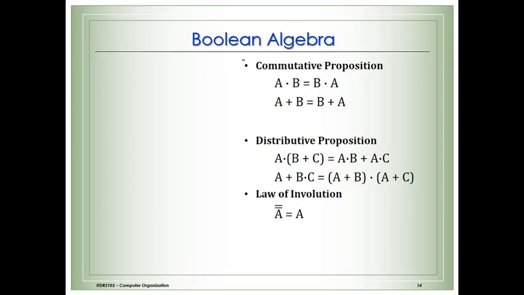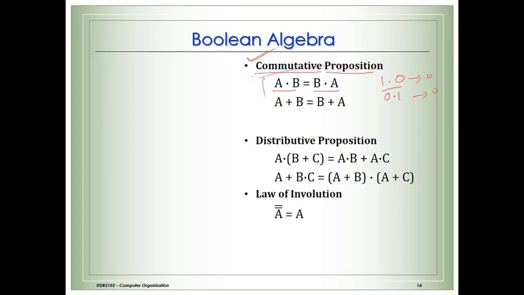The first Boolean identity that we have is called the commutative property. If you are writing A and B, this can be written as B and A. The result will be the same. For example, A was 1 and B was 0. So either you write 1 and 0, or 0 and 1. In both cases you will get the result 0, right?